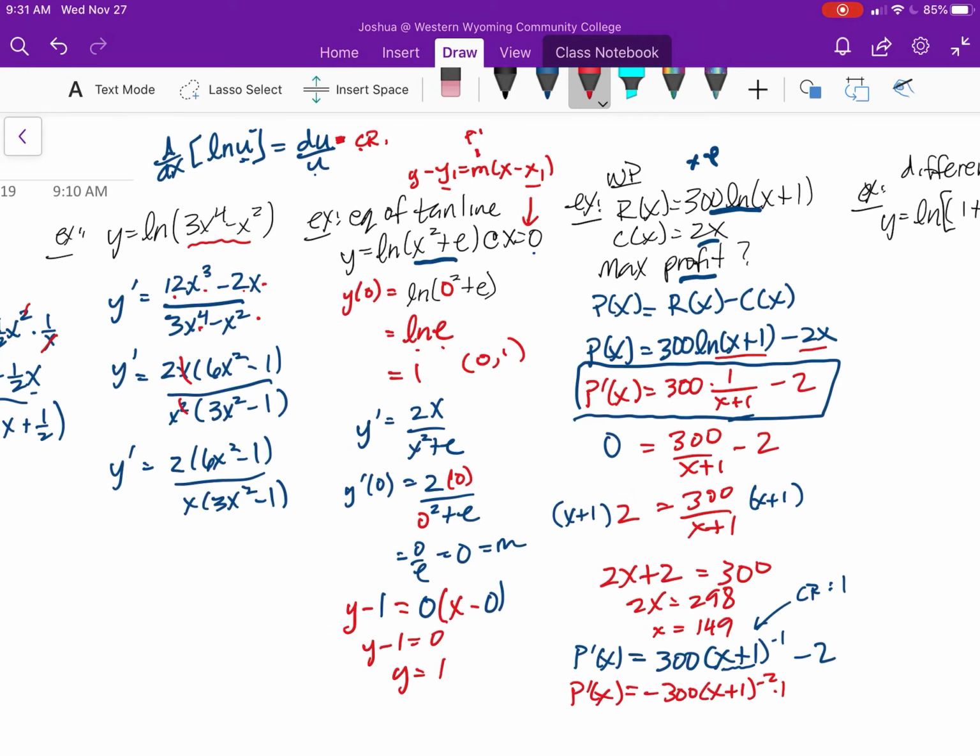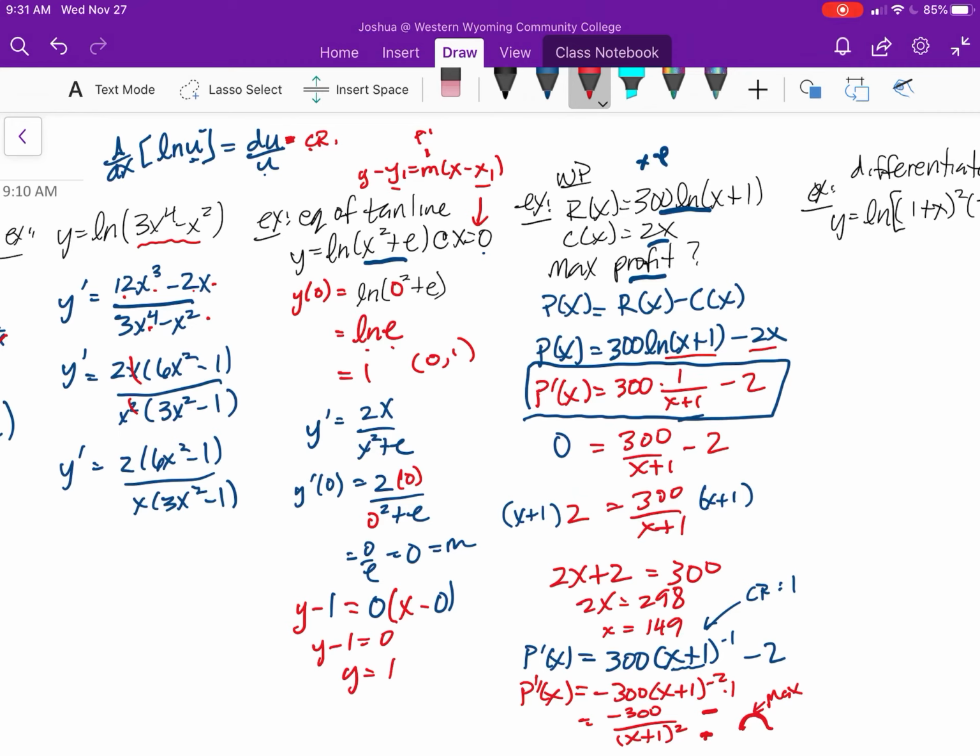Now, we don't really care about this much because I could see it's going to be negative, right? Because negative 300 over x plus 1 squared. If we plugged in 149, it doesn't really matter. We get positive here, we get negative here. Negative divided by a positive is negative. So if the second derivative is negative, then we know it's concave down, which means it was a max, which is exactly what we hoped for.